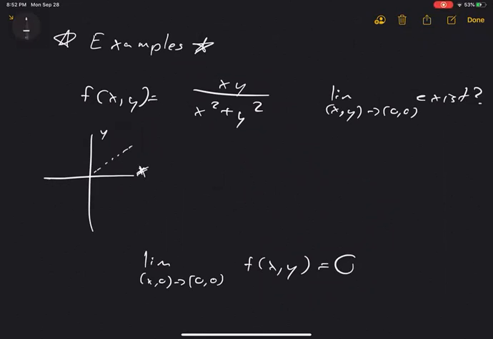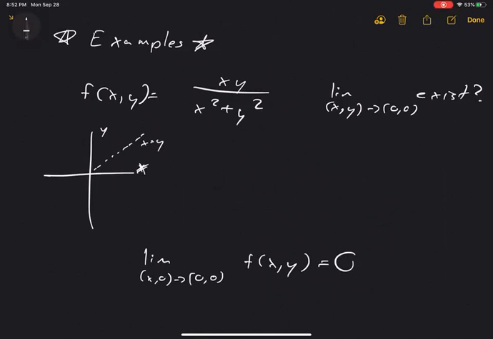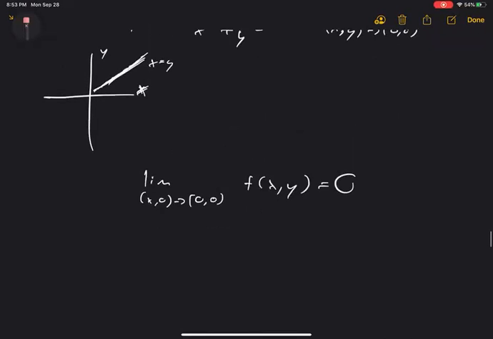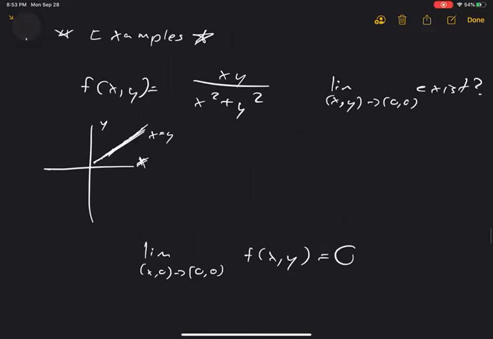What about along the line x equals y, along this diagonal line? If we're on this line, x and y have the same value, right? So in this equation, I could just replace y with x. Along that line, my equation becomes x times x over x squared plus x squared.